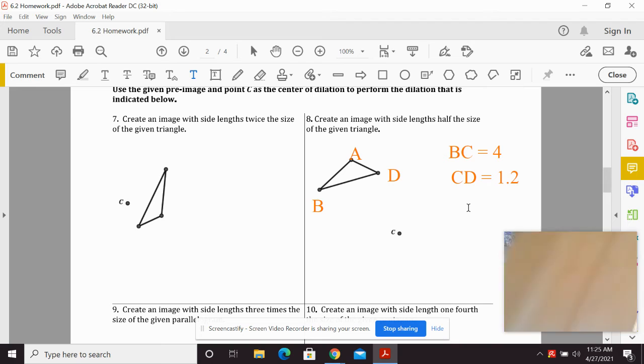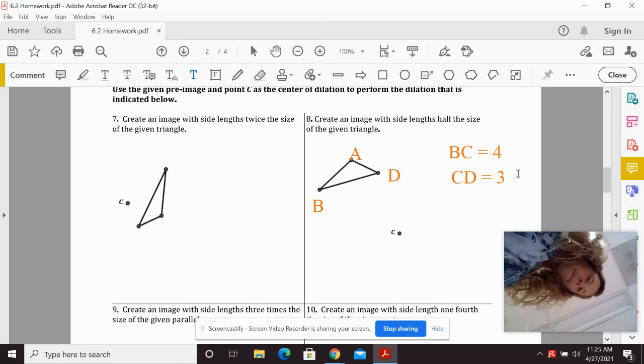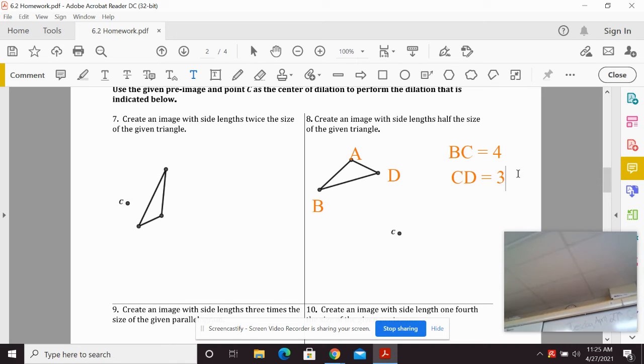Then I get 3. Okay. Use centimeters. I would use centimeters. My bad. And then to A. Using centimeters. 4. C to A.